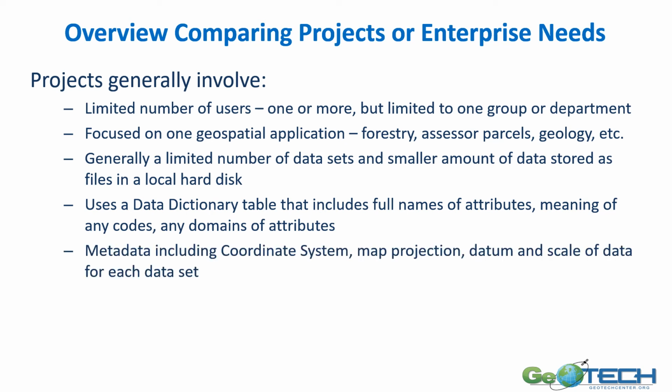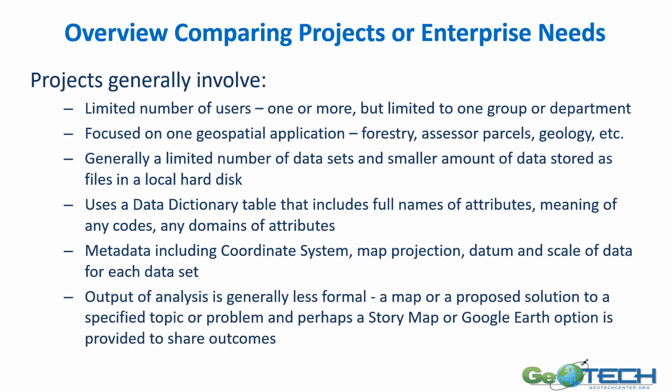It should also still include metadata, so each of your data sets should identify what the coordinate system, its map projections, scale, datum, and really what type of data it is and what kind of uses it should be employed in. Output of any analysis can also be less formal. It may be a map or a proposed solution to a specific topic or problem presented in a story map or Google Earth. And often the option is just to share the outcomes and not really the data.